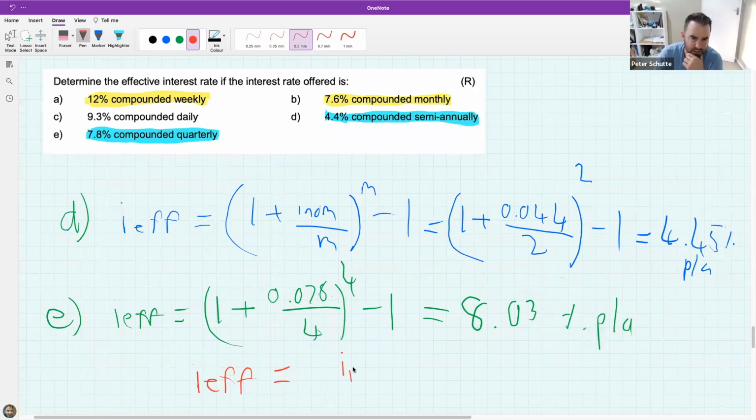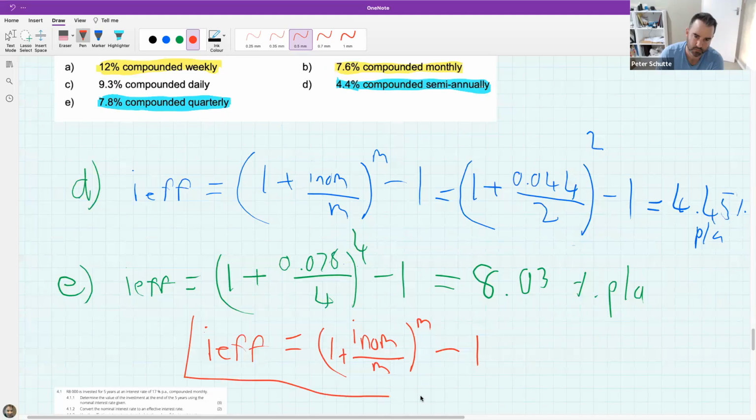I don't think this is on the formula sheet, so you need to make sure that you've memorized it over time, or at least remember how it works. That will take a nominal rate that's chopped up into pieces and give you the effective yearly rate.